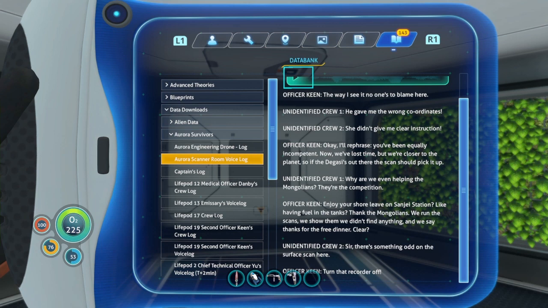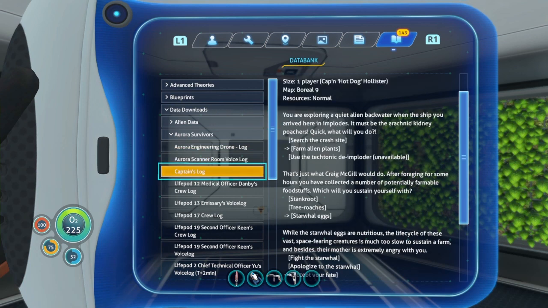One, to build a phase gate, which is supposed to make travel a lot faster from point A to point B, but another is to find the Degassi. And this is basically mentioning that, and well, us getting shut down. Moving along.